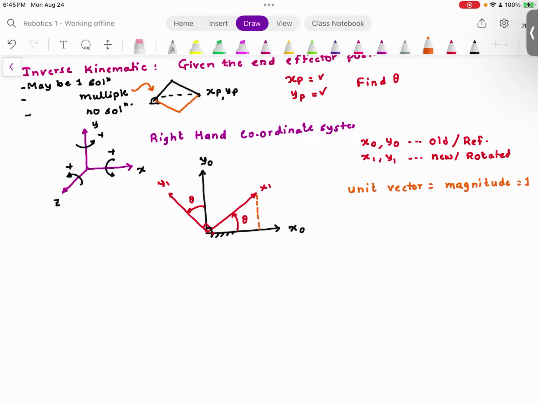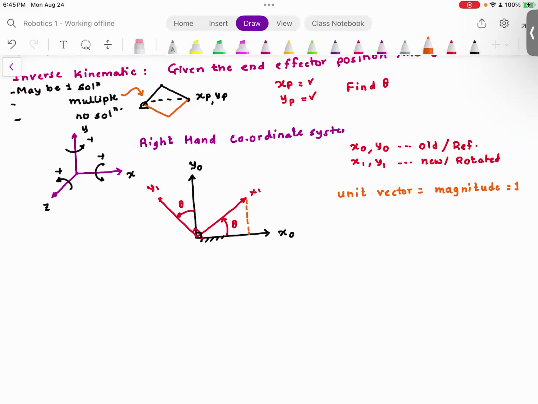So if the magnitude is 1, can you see that from Pythagorean theorem, this is going to be cosine of theta. Do you agree with me? This is going to be cosine of theta. Then you notice that here, this is going to be sine of theta.